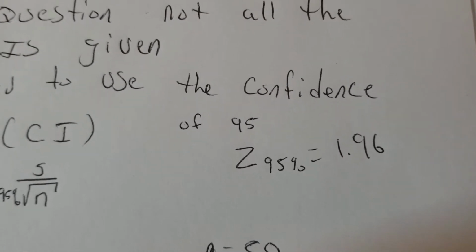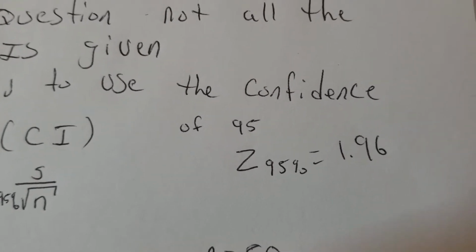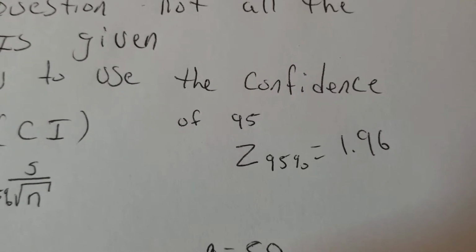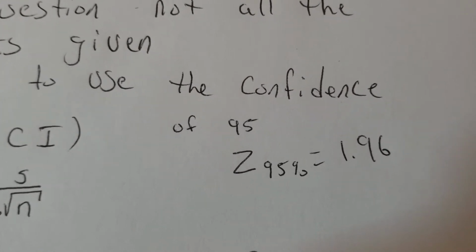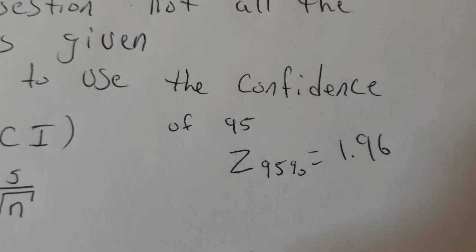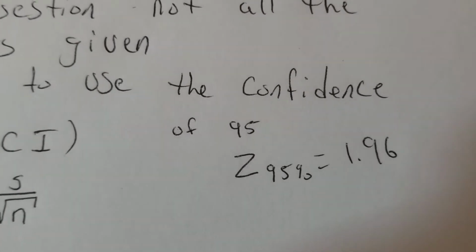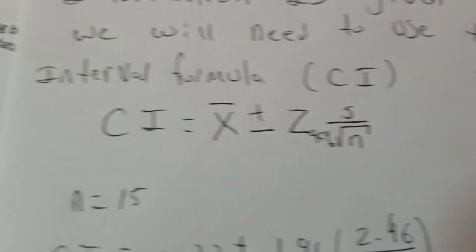You could get this from a table, from information that's given to you, or you could use some sort of technology. Actually, there will be another video on how to calculate z-values based on tables.